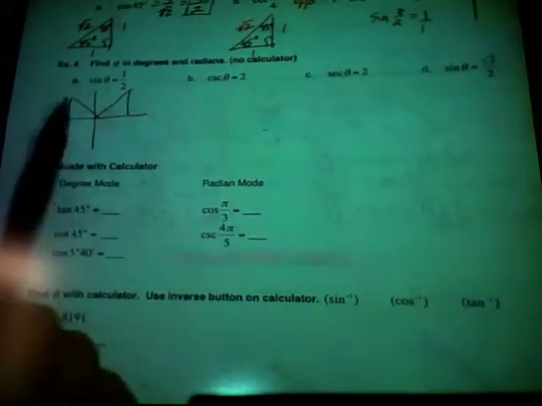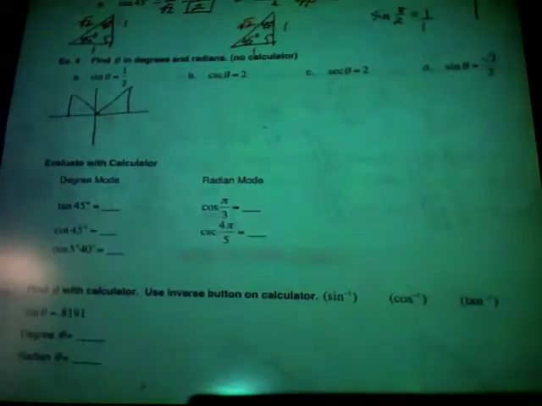I'm going to draw a right triangle here and a right triangle here. It kind of looks like half of a bow tie, doesn't it? Why did I do that? Because sine is positive in quadrants 1 and 2, all students, right?